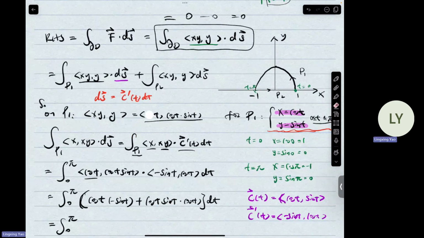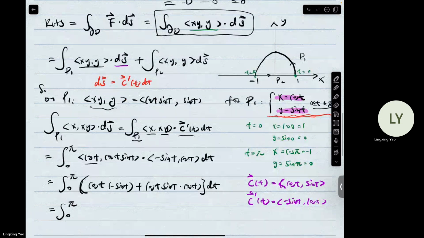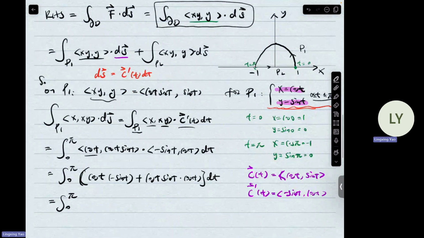So with this corrected vector field, we have cosine t, sine t, and y is sine t. So now we better write them carefully.